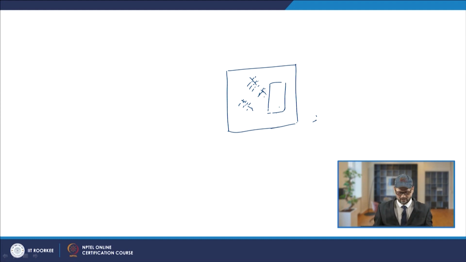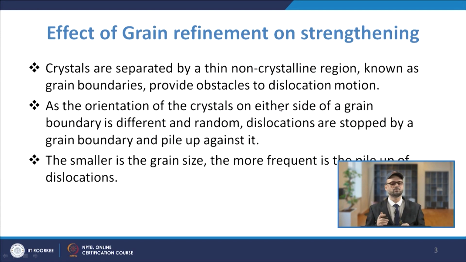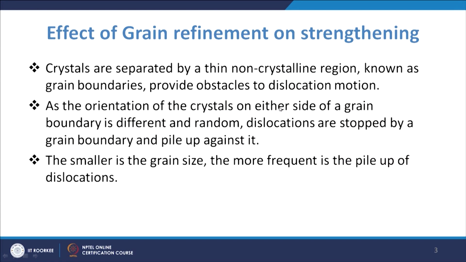So, when you have the pile up of these stationary dislocations, there is a stress concentration at the leading dislocation. Crystals are separated by a thin non-crystalline region, that is your grain boundaries, and they provide obstacles to the dislocation motion.